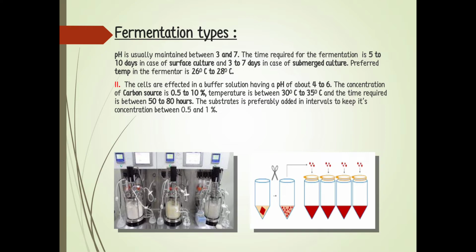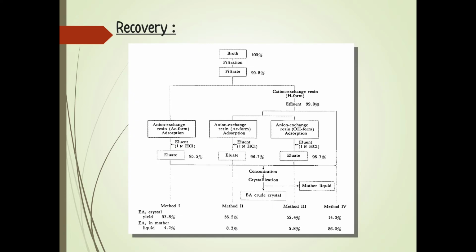This is what cell suspension has been planned for in fermented products. The time required for production of our product of interest is less, but the production also will be less.